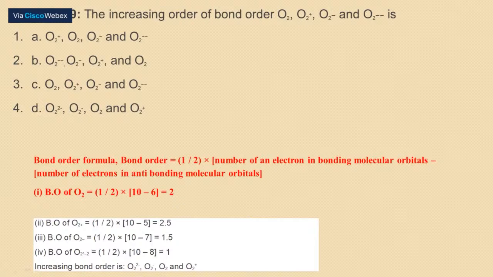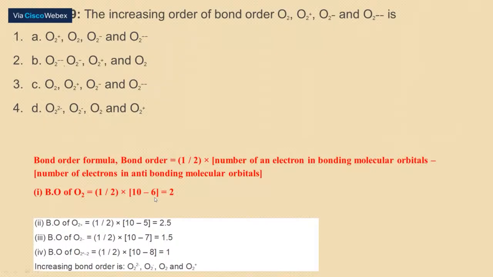Now how to calculate the bond order for O2 plus? If you remove 1 electron from the oxygen molecule, we get O2 plus. In the neutral condition, we have 10 electrons in the bonding molecular orbital and 6 in the antibonding molecular orbital.